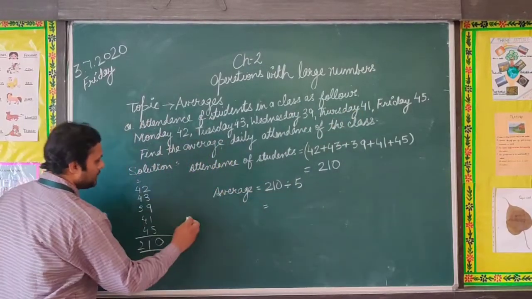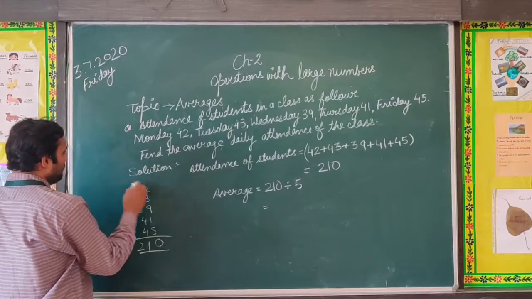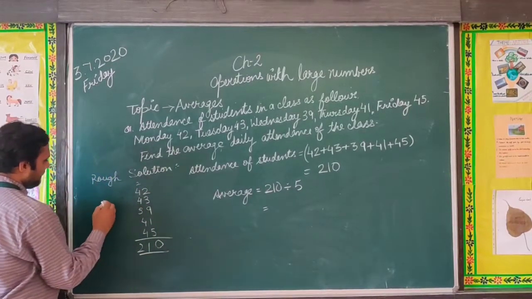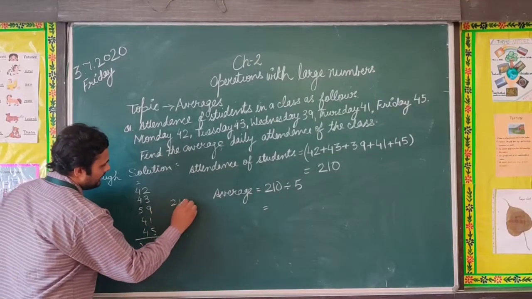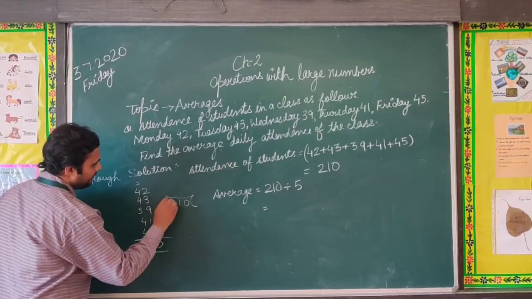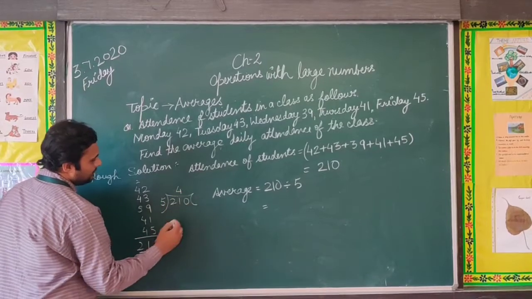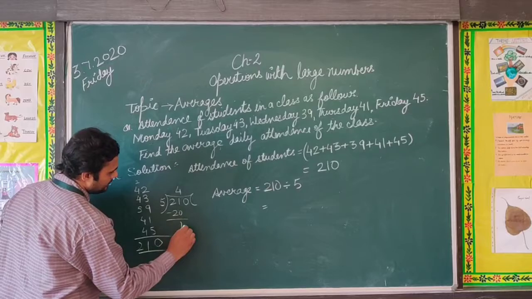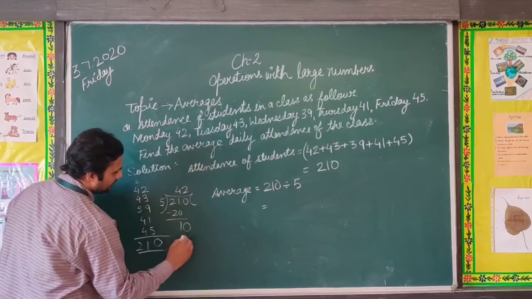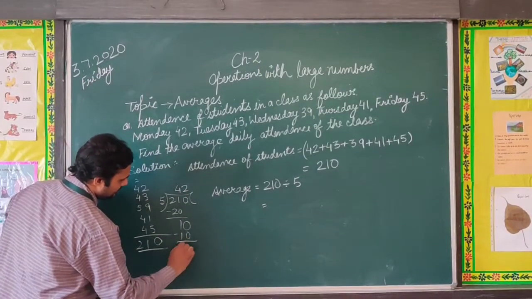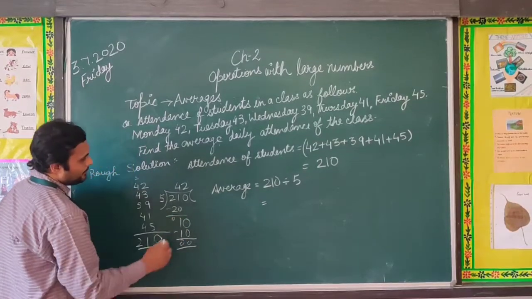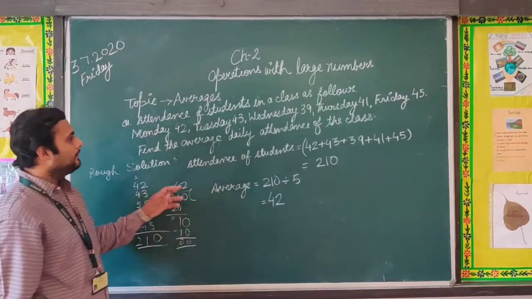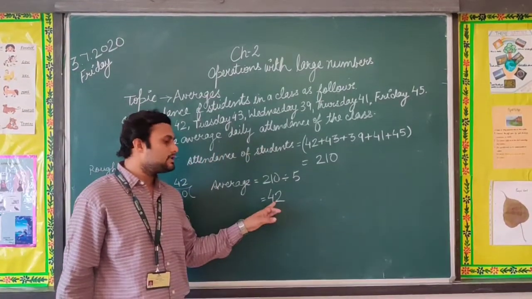Do this calculation in your rough copy. 210 divided by 5: 5 fours are 20, 5 twos are 10. So 42. The average daily attendance of the class is 42.